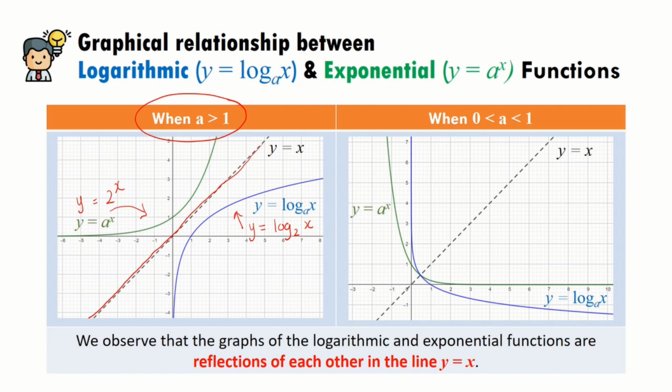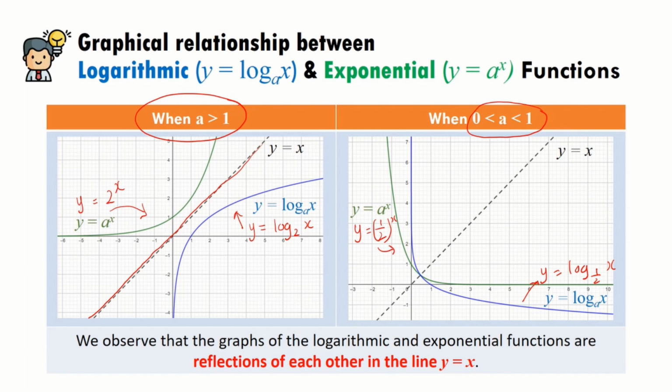Okay, so likewise, although it is not very obvious, when we look at the case between 0 and 1, if I were to have y equals half to the power of x, and y equals log x base half, the blue one versus the green one are actually supposed to be reflections of each other as well.